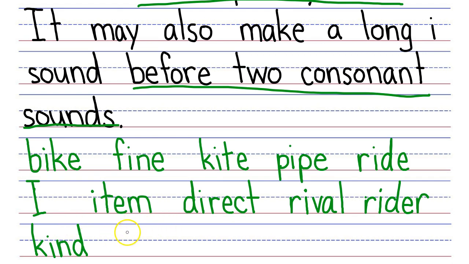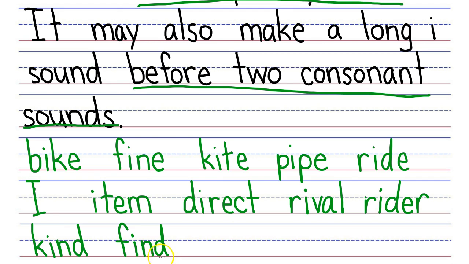So next word, find. We have an F that says f, an I that makes a long I sound, I, because it's followed by two consonant letters, the N that says n and the D that says d. This also rhymes with kind. Kind, find. F, I, n, d. Now, if this made a short I sound, the word would be fínd.